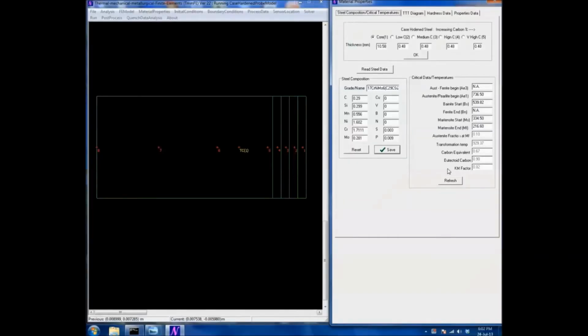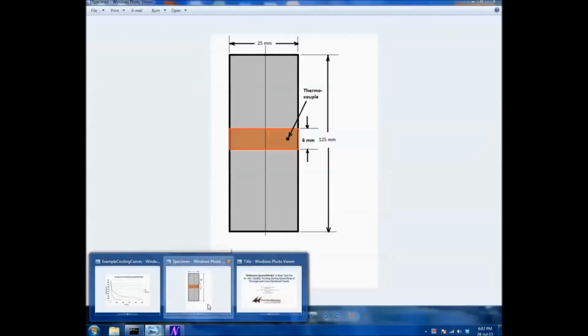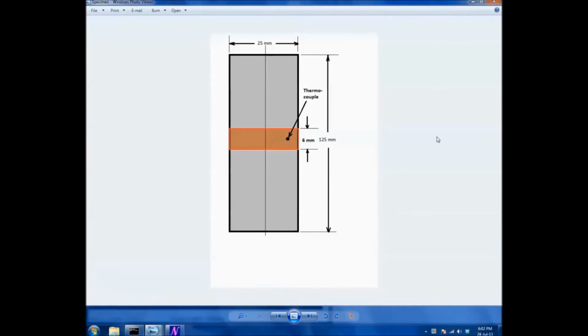What you see on the left hand side is the mathematical representation of the cylindrical quench probe. Now, the dimensions of this quench probe are 25 mm diameter by 125 mm long. For mathematical purposes, we consider only the central 6 mm disc shaped part with the thermocouple located at 4 mm from the surface as shown.